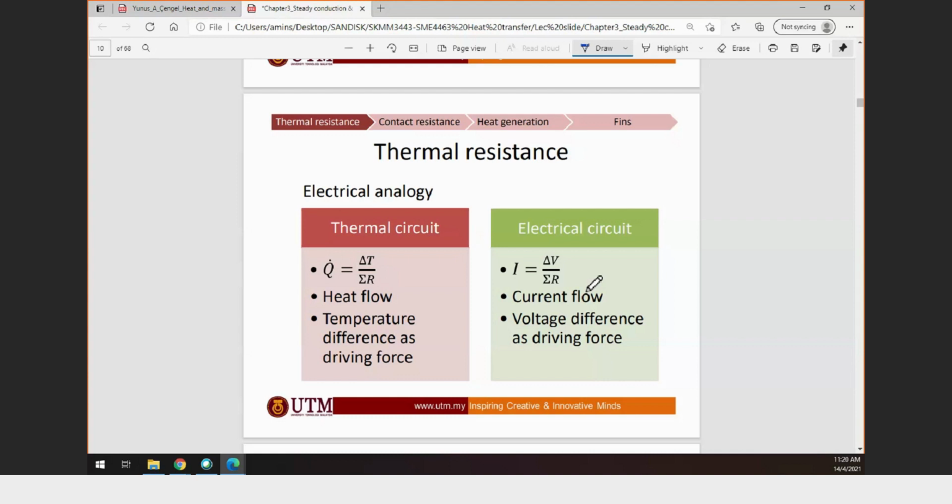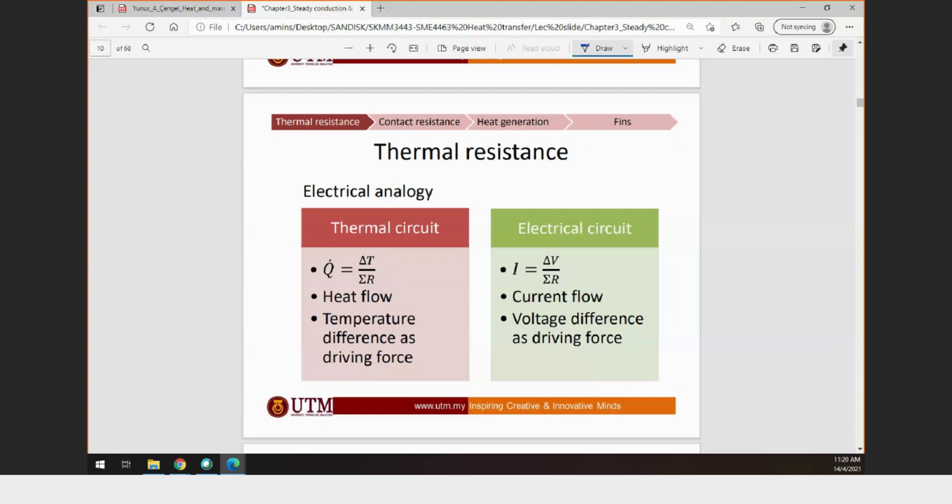You can calculate the current by knowing the voltage difference divided by the total resistance, so you can also calculate the heat transfer, known as the heat flow or heat rate, if you know the temperature difference divided by the total resistance.